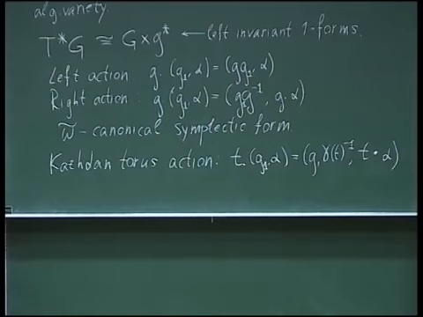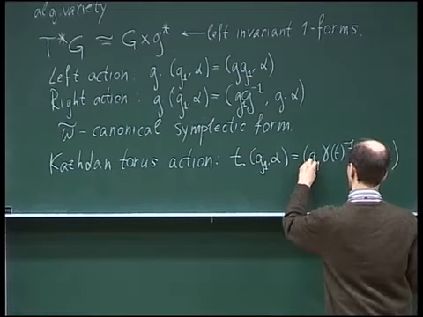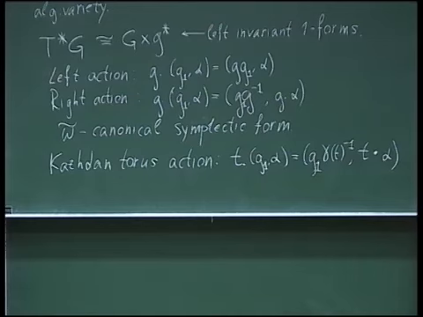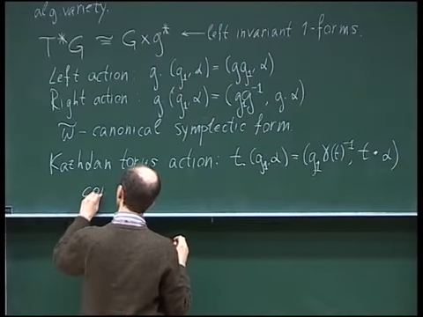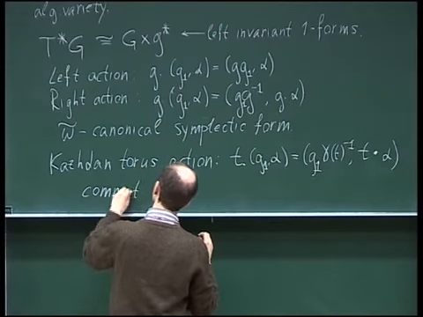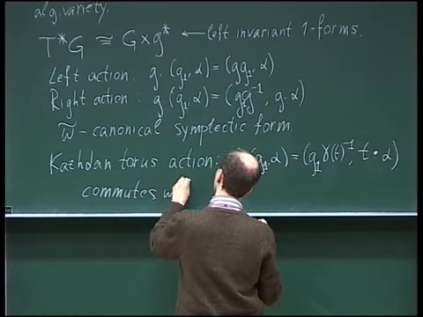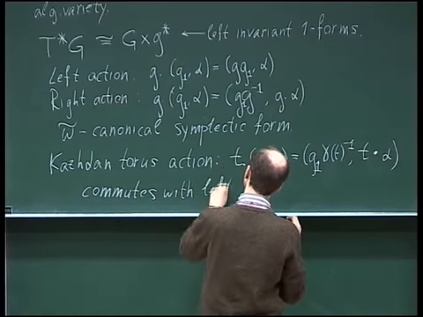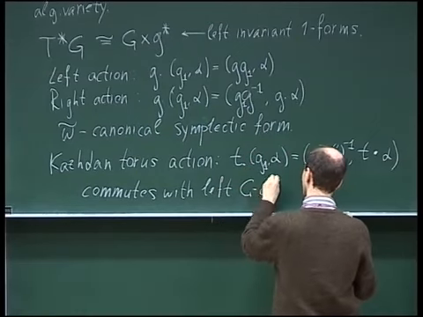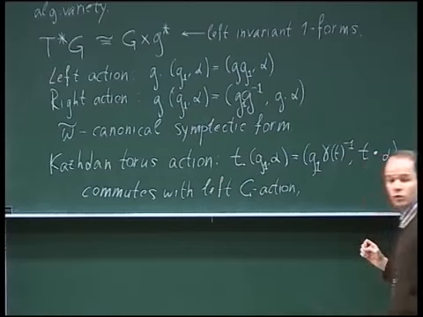So on G dual, this is our old Kazhdan action, and here this is just some twist. In particular, let's note that this action commutes with the left G action but not the right one.